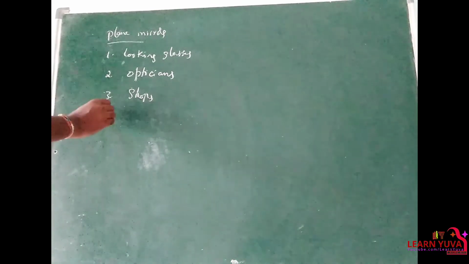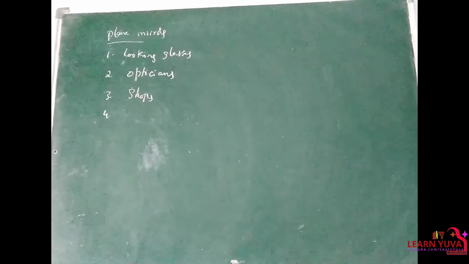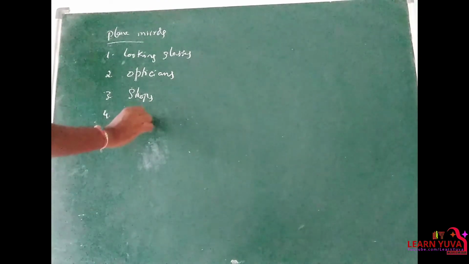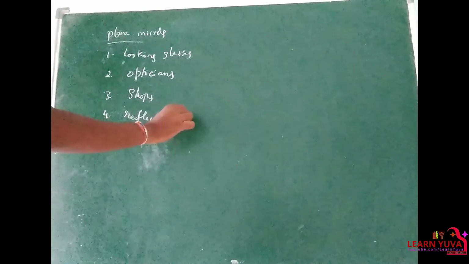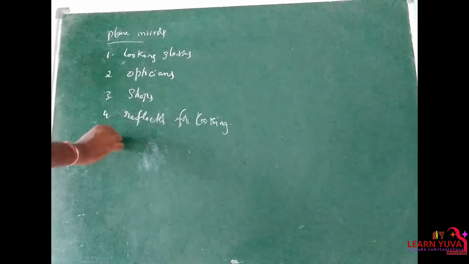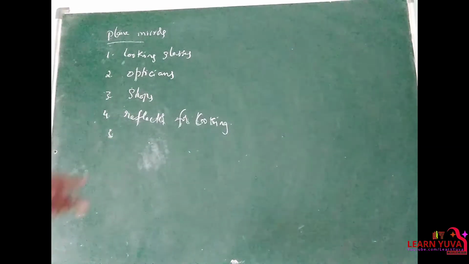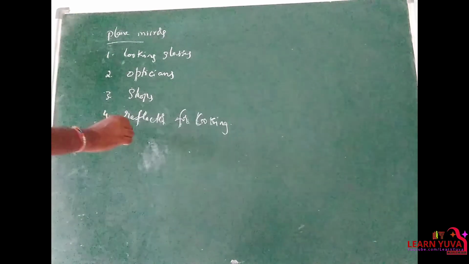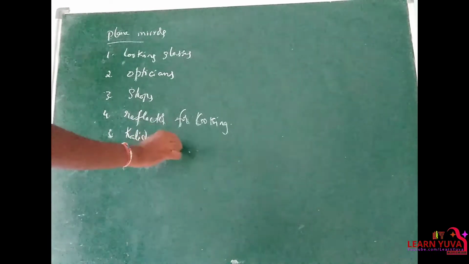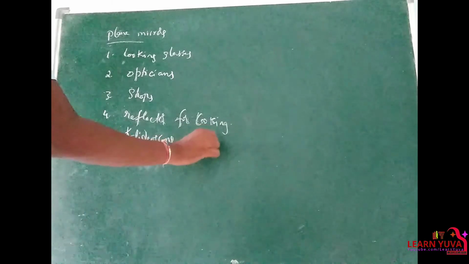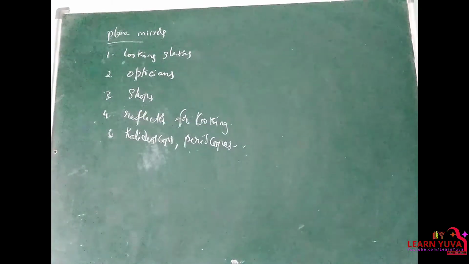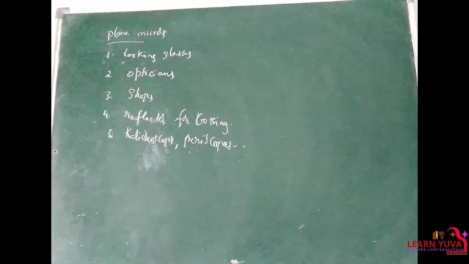They are used as reflectors for cooking, and in making kaleidoscopes, periscopes, etc. These are some of the advantages of plane mirrors.